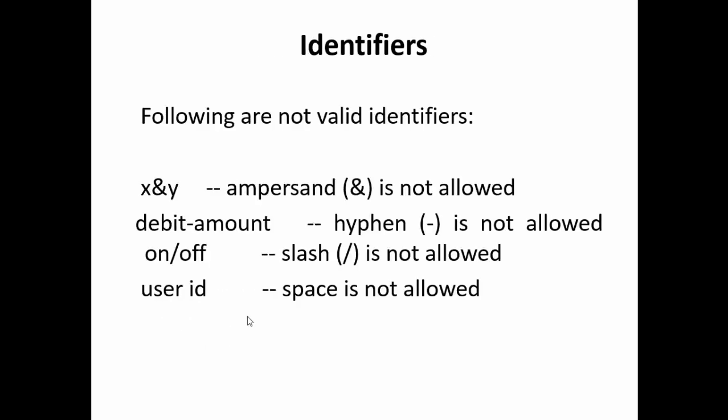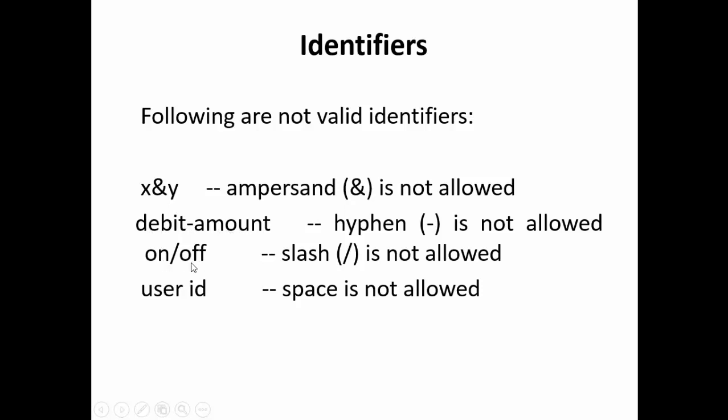And these are the following identifiers which are not acceptable or not valid. Look at this: X&Y. The ampersand is not allowed in an identifier, so this is not acceptable. Similarly, look at the second one, debit-amount. The hyphen is not allowed between the words in identifiers, so this is also not acceptable.